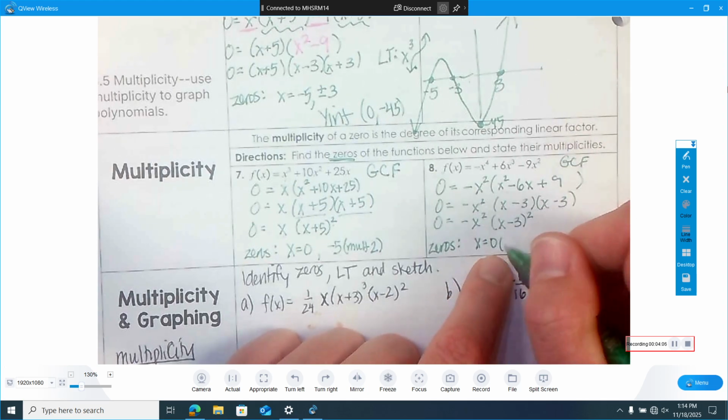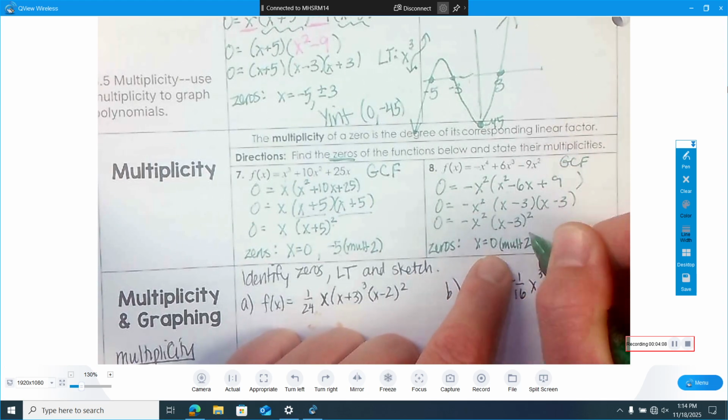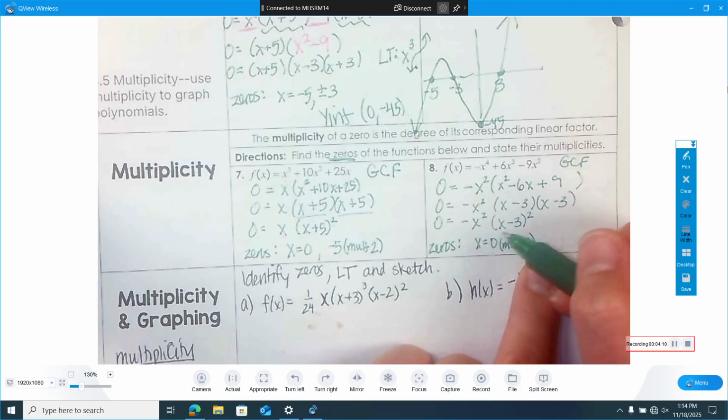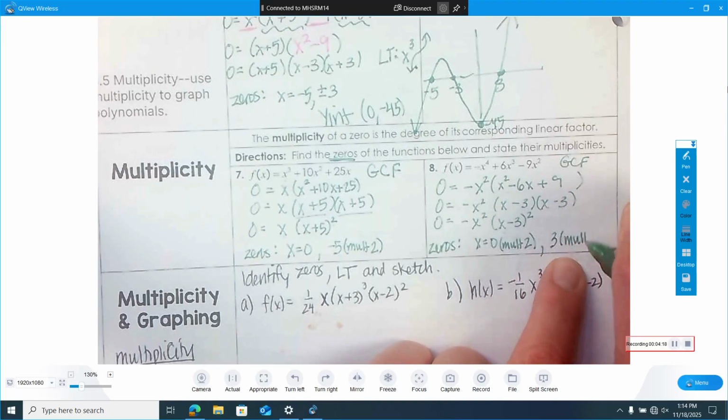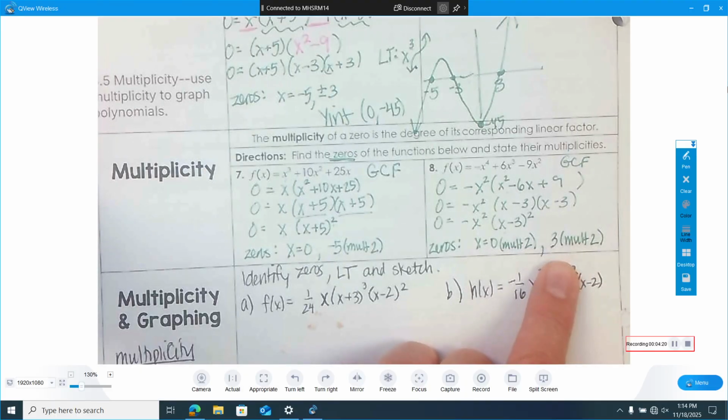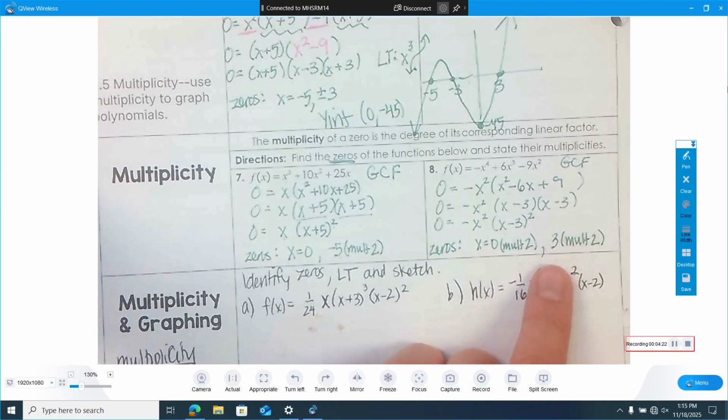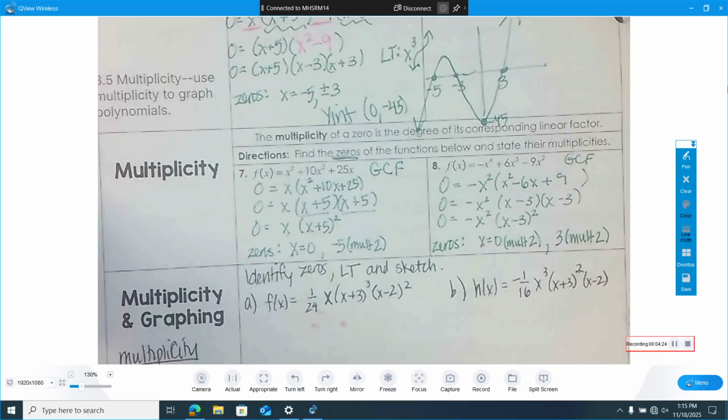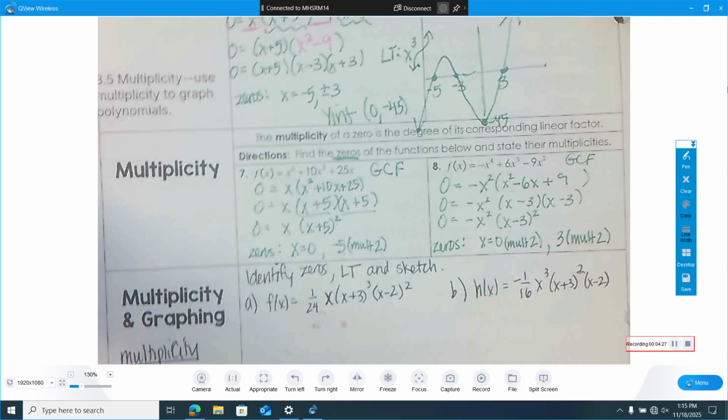So that's called multiplicity 2. And then we also, what's the 0 from this bubble? 3. And again, because it's repeated 2 times, that's a multiplicity of 2 as well. All right, so graphically, multiplicity does some very interesting things.